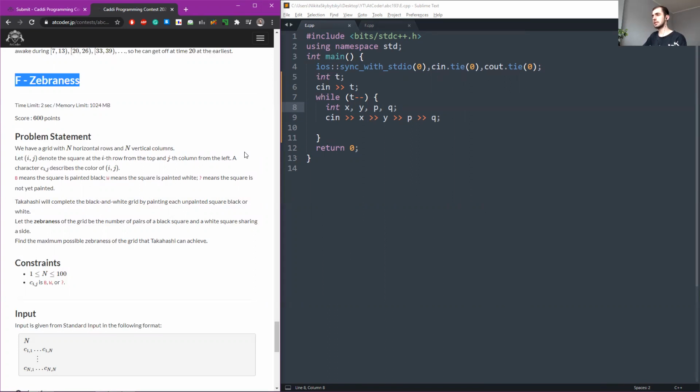And it's up to 100, so we have some room to spare. It's not like a huge grid.